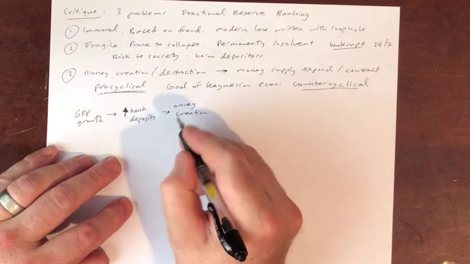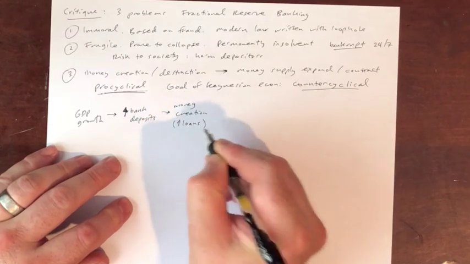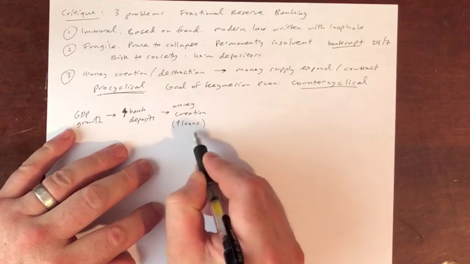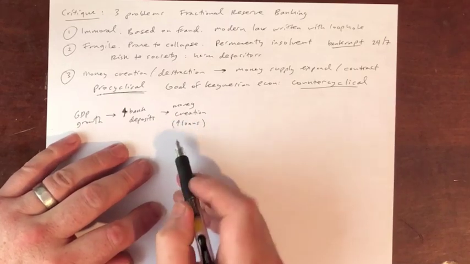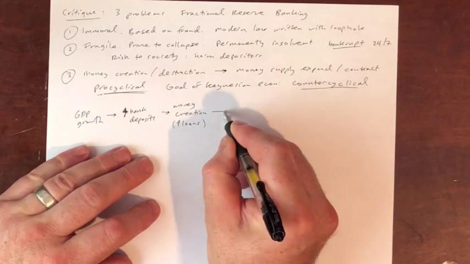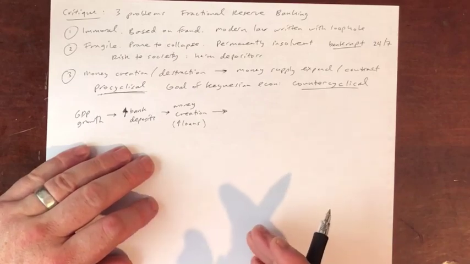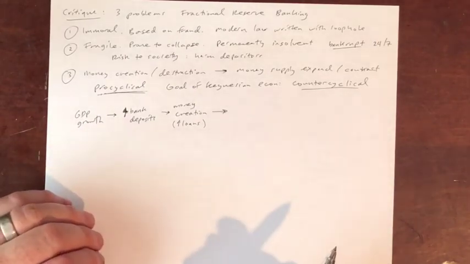The primary mechanism through which this occurs is that as loans increase, we have money creation. And money creation, and especially loans, enables spending to occur that otherwise would not occur.